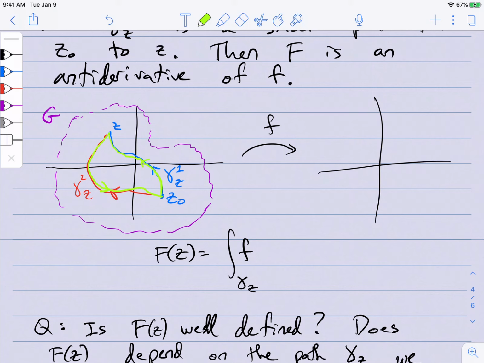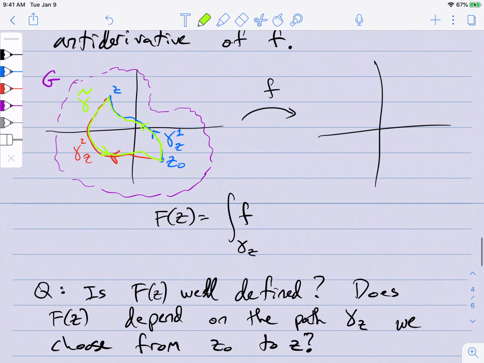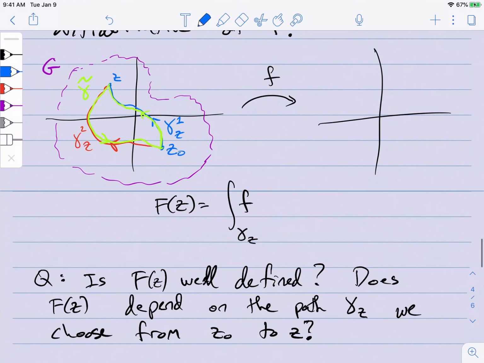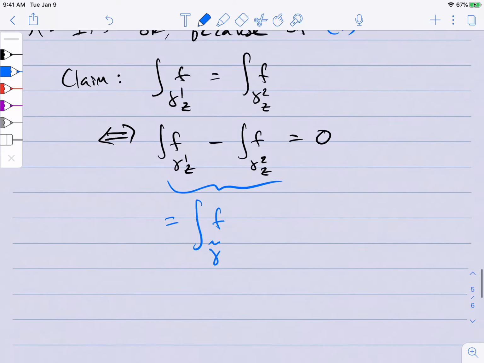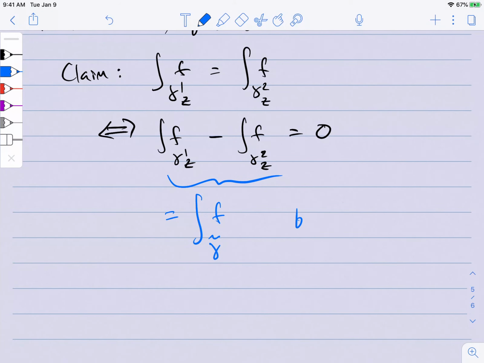So I'll call this path, I don't know, gamma twiddle. So integrating along blue and then the negative of the integral along red is equal to the integral along green. So this part here is equal to the integral of f along gamma twiddle. But this is 0 by our assumption because gamma twiddle is a loop.